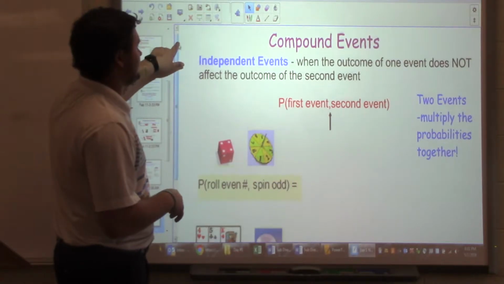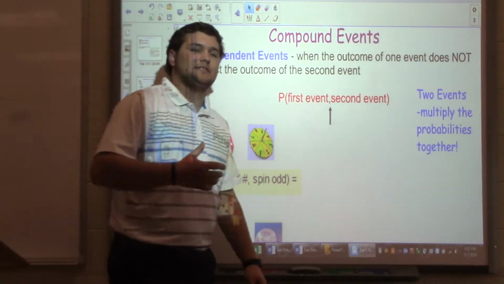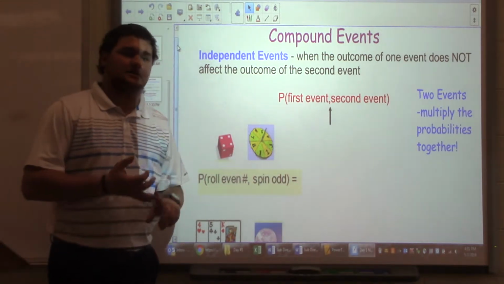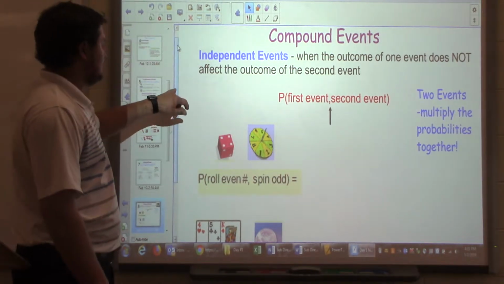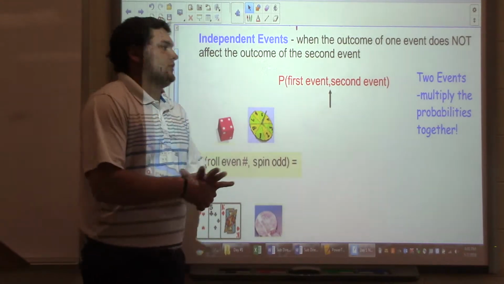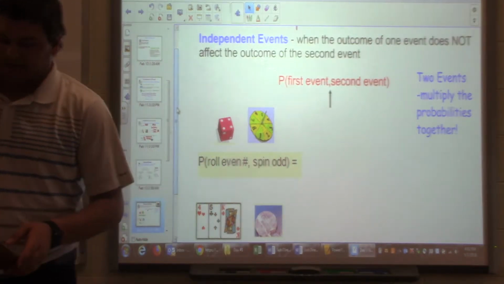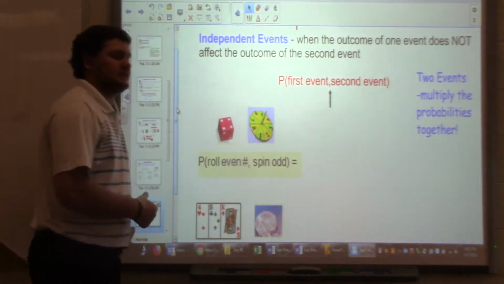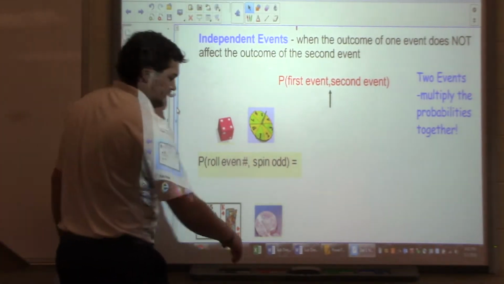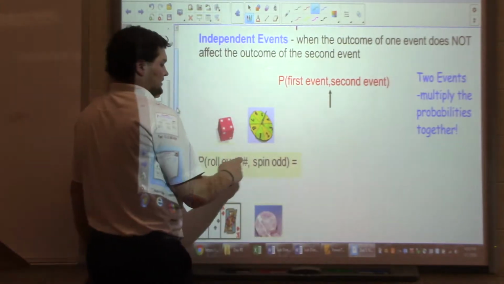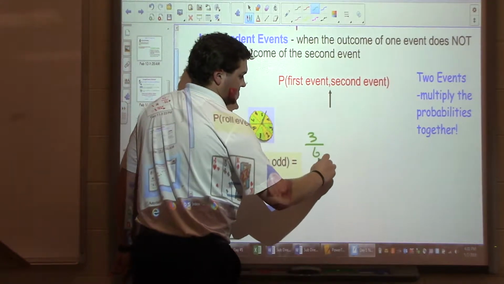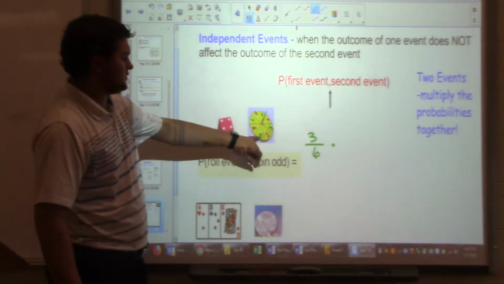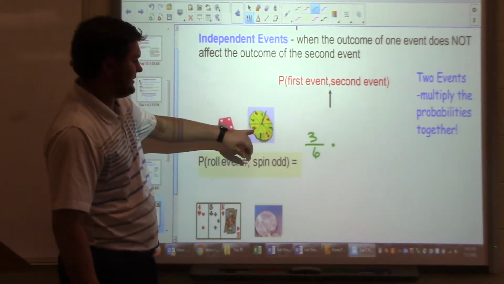So if we look at some examples of independent events, when the outcome does not affect the outcome of the second event. So the first event is not dependent on the second event. What's going to happen is we're going to take 2 events, we're going to multiply their probabilities together. So, probability of rolling an even number and spinning an odd. Well, the probability of rolling an even number is going to be 3 out of 6 times, if we look at our spinner up here, spinning an odd has 1, 2, 3, 4, 5, 6, 7, and 8.